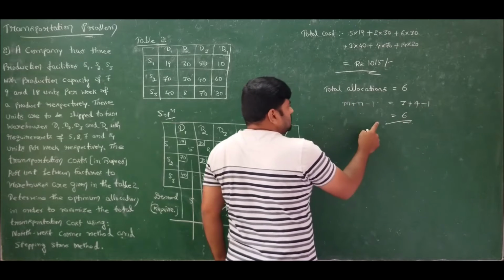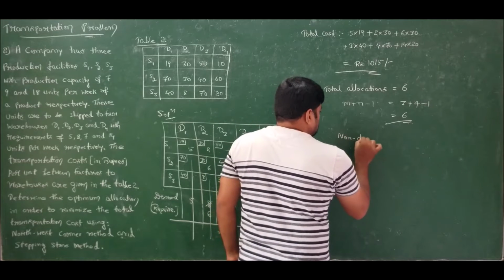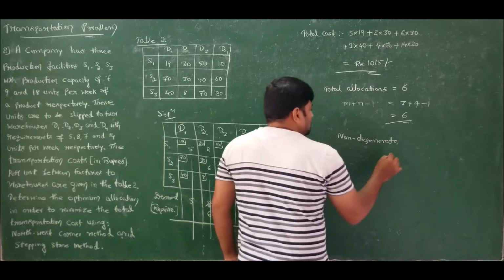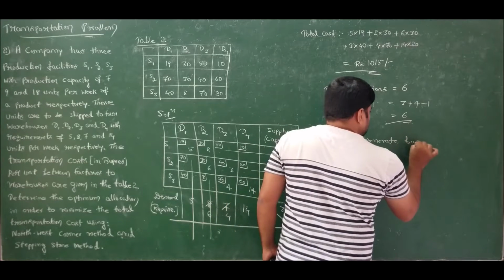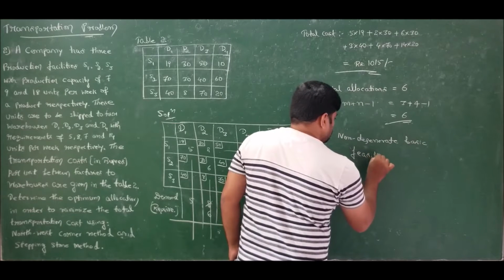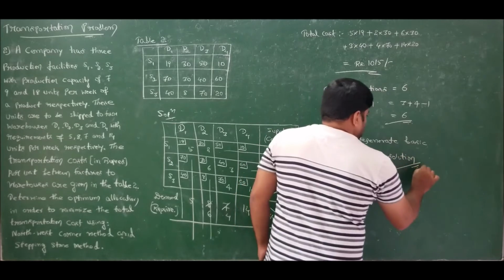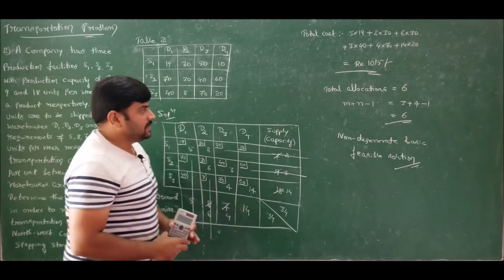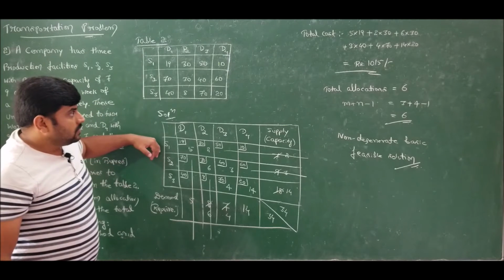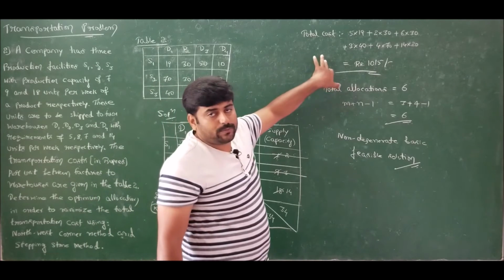So the number of allocations is equal to m plus n minus 1. Hence we have a non-degenerate basic feasible solution. So this is the non-degenerate basic feasible solution obtained from northwest corner rule with 6 allocations, and the total transportation cost is found to be 1015 rupees.